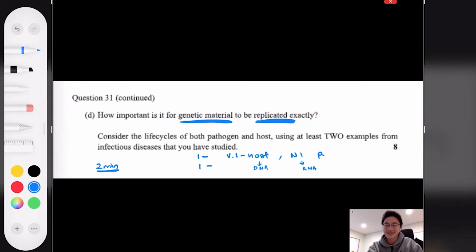And what would you like to explain now? So you've identified the genetic materials, and what else would you like to identify? With a host, how would you describe the life cycle of DNA replication in a host? That could give you a mark.